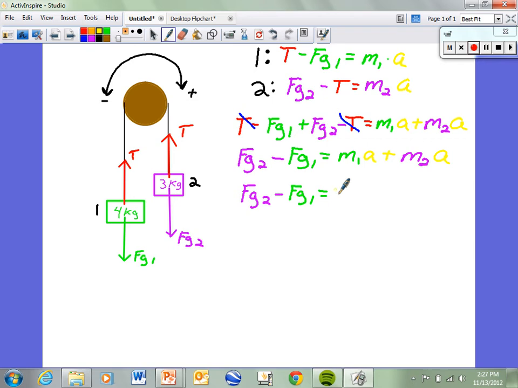And when I factor out my a, I get a multiplied by the sum of m1 and m2. To finish up solving for a, I'm going to divide my m1 and m2 to the other side, leaving me with force of gravity 2 minus force of gravity 1, all divided by m1 plus m2.